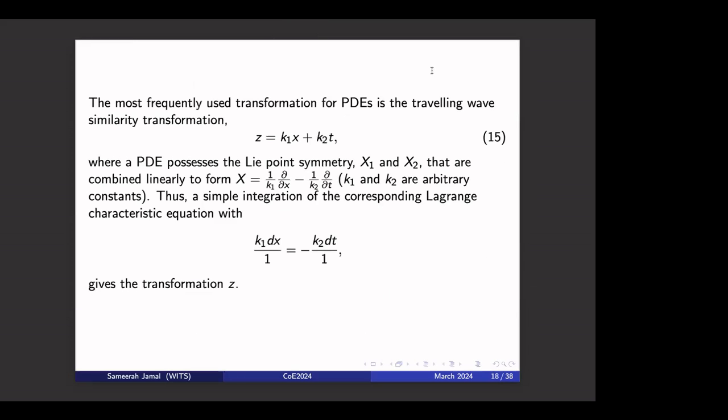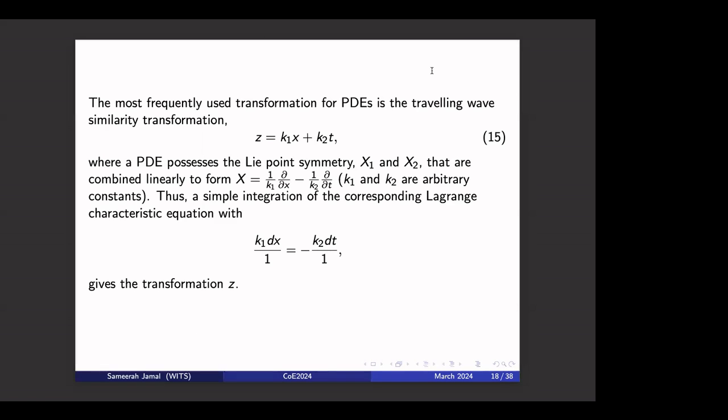So one of the most frequently used transformations for PDEs is the traveling wave solution, which occurs in many instances. A lot of people try and apply this transformation without actually checking that the PDE possesses symmetries like X1 and X2.